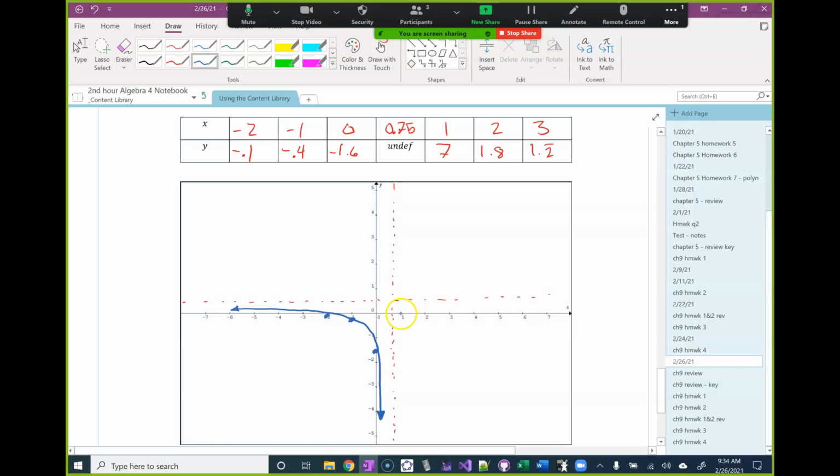Again, if I'm doing something you don't like or understand, or I went too fast, stop me and holler. No big deal. So 1, 7 is off my graph somewhere. I guess I'll just stick it up there because that looks like about where 7 would be. I'm not really going to attach that though because it's just too far away. And then I have 2 and 1.8, and then 3 and 1.2.